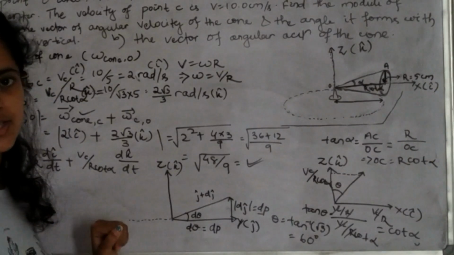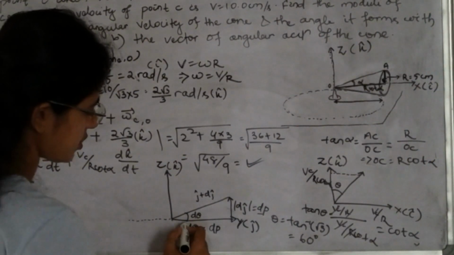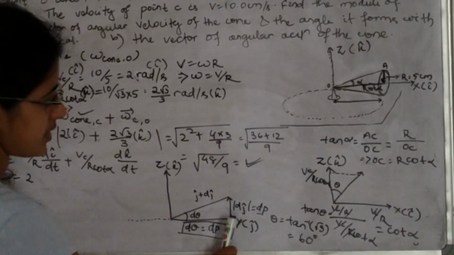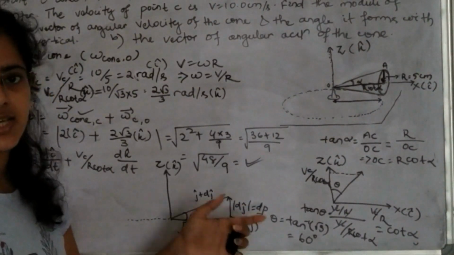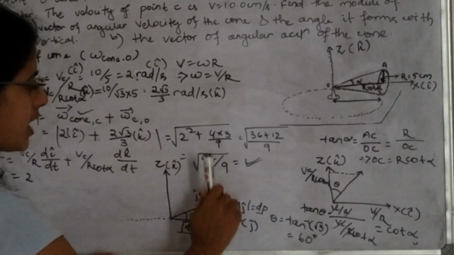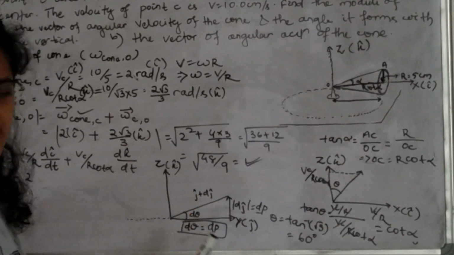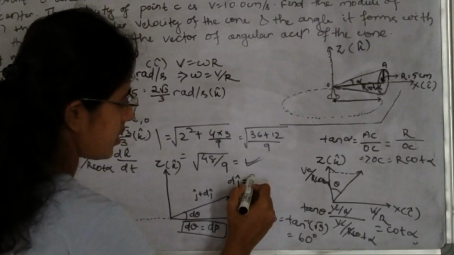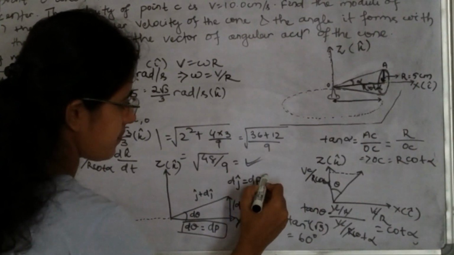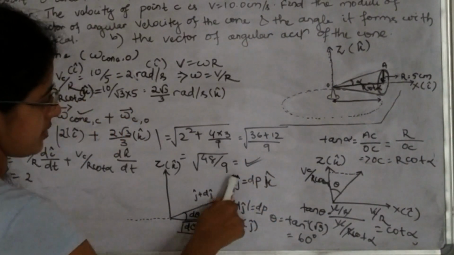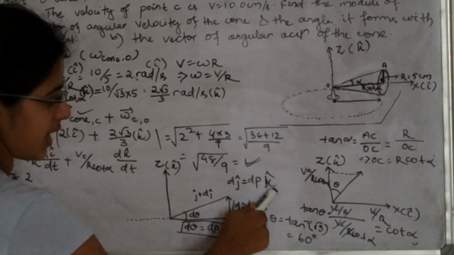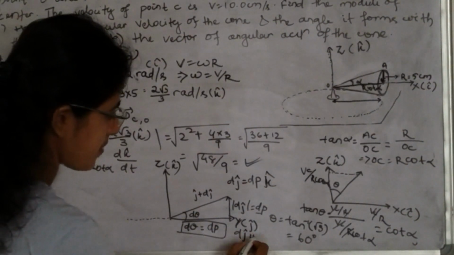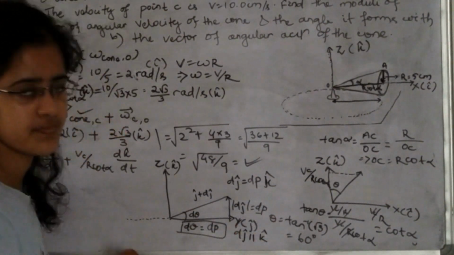The magnitude of a unit vector is how much? 1. So d theta is equal to dp. And the direction of dj cap vector will be along the z-axis, parallel to the z-axis. Then I can write dj cap vector is equal to dp k cap. This vector has magnitude dp and direction along k cap, because dj cap is parallel to k cap.